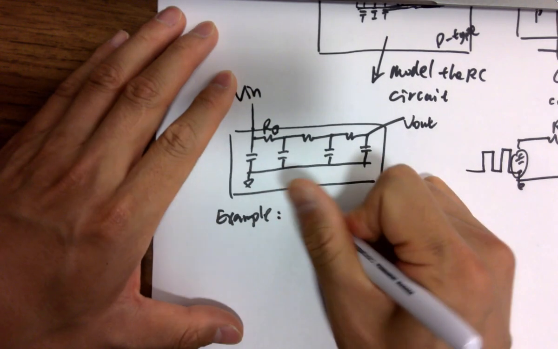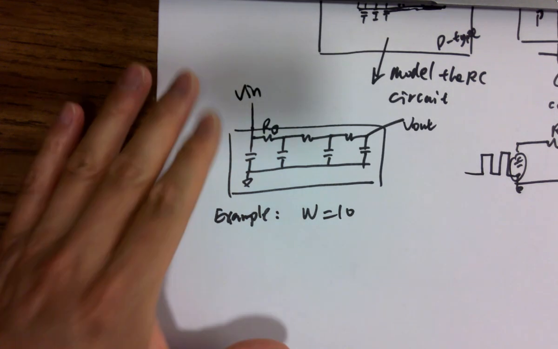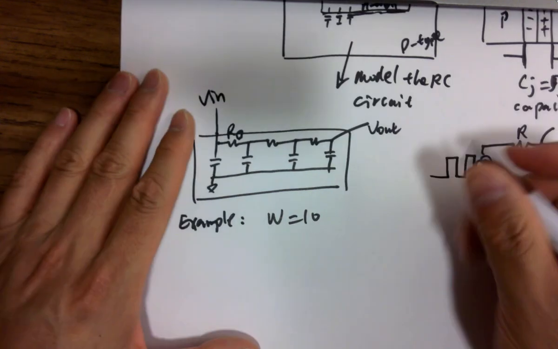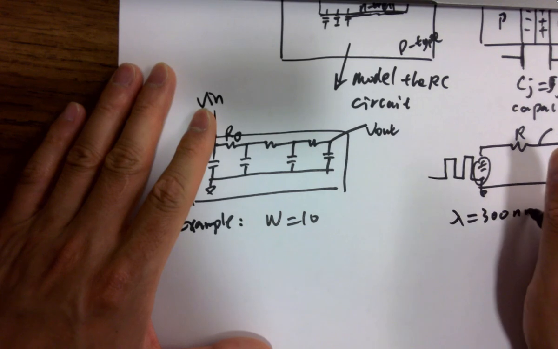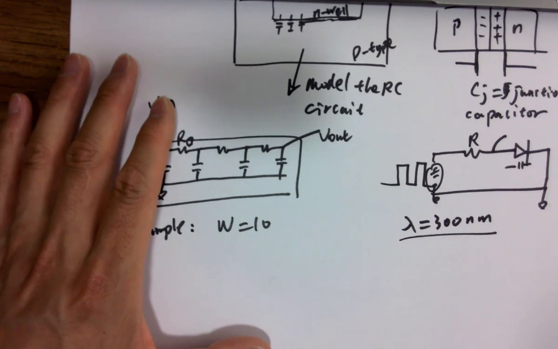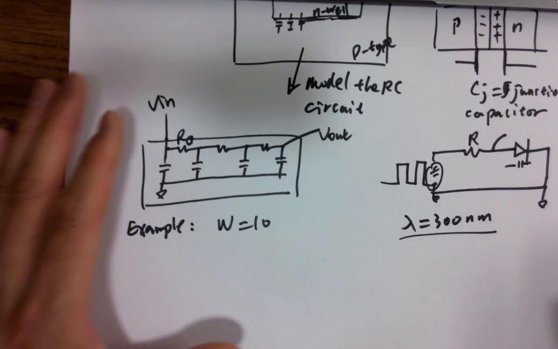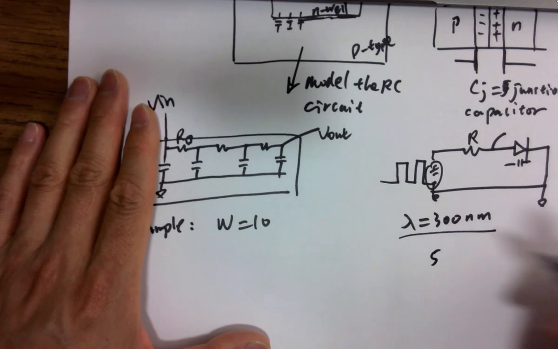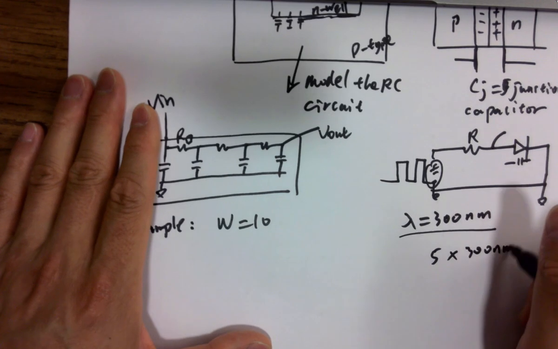The width of the N-well is 10. Doesn't matter 10 what. Let me let you know this. So lambda is 300 nanometers, and that's the unit we have been using. We will be using it for the lab for the whole semester in Electric VLSI. It's a very simple concept. So whenever you are seeing a number here like 5, it's actually 5 lambda. It's just a unit.